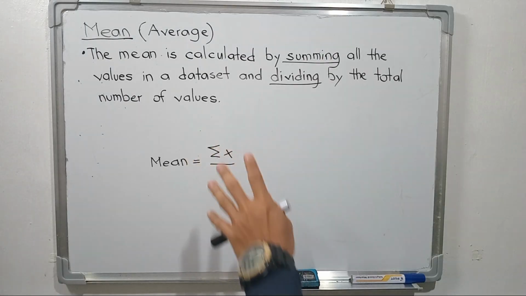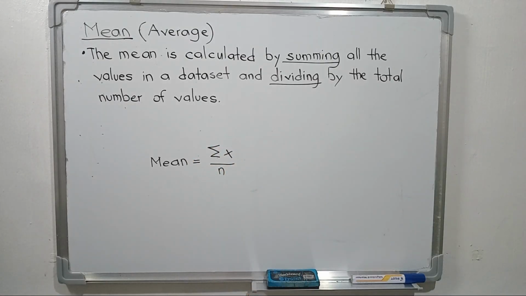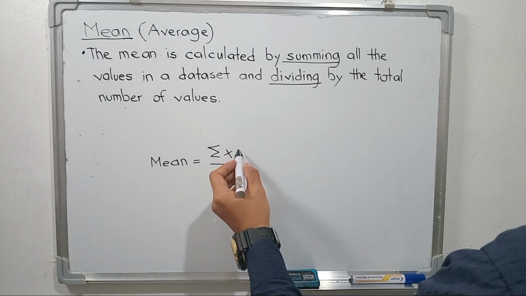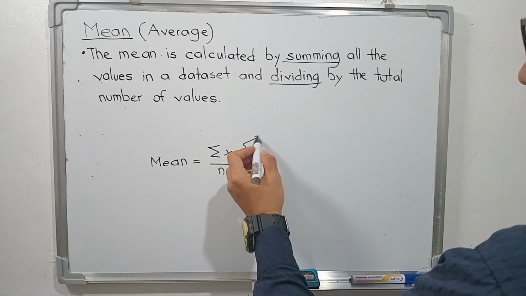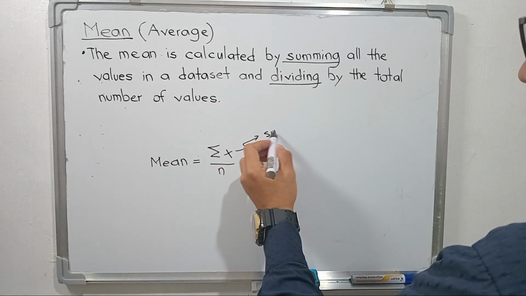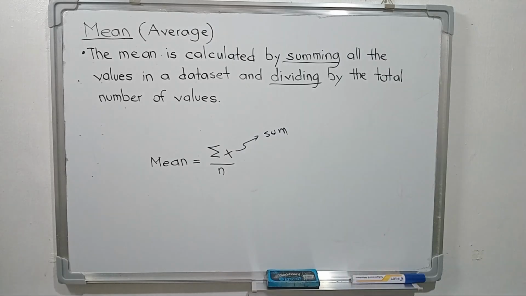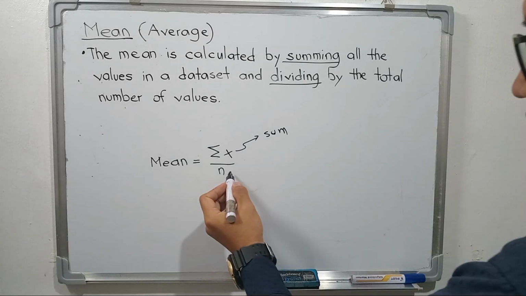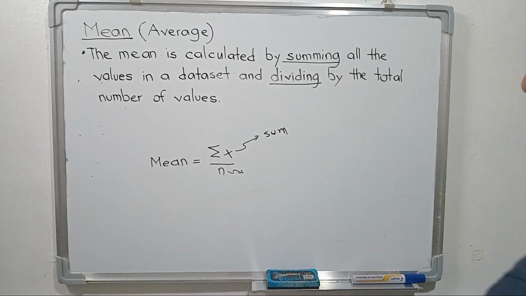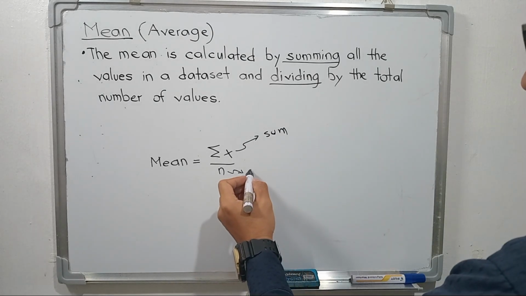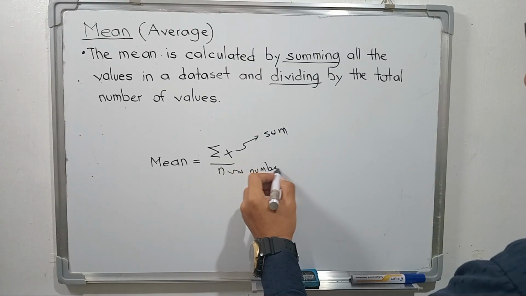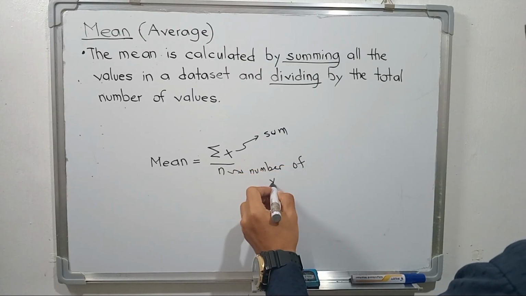The formula may look a little complicated, but actually it's easy to understand. The numerator simply tells us that we need to get the sum of all the values in our dataset, and the denominator simply tells us the number of values in our dataset.